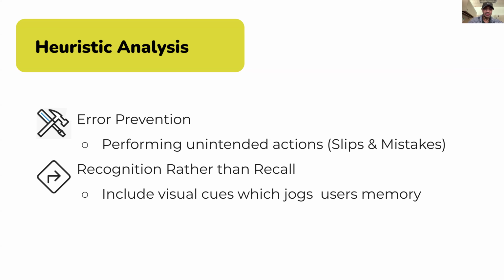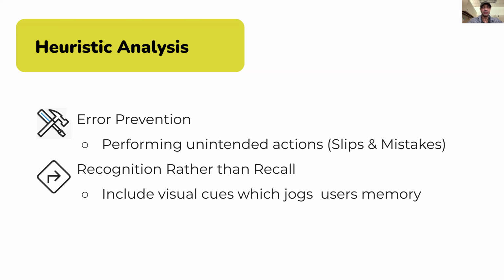The next one is recognition rather than recall. We shouldn't be expecting our users to remember anything about our site, and we should be providing either visual cues or other help text to jog their memory. Again, a good example for this is having placeholder text, like a placeholder phone number in your phone number field explaining the format that you want: brackets for the first three numbers, a space after it, three numbers, a hyphen, and then four more numbers.